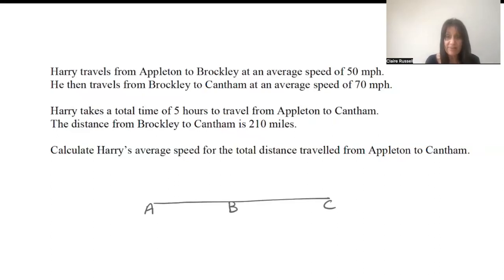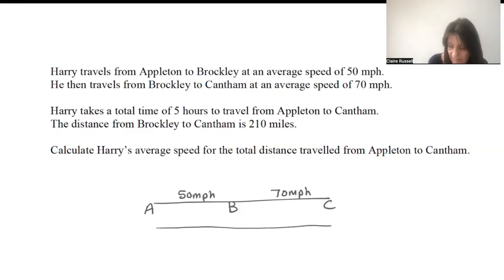So I know that A to B has a speed of 50 miles per hour. B to C is 70 miles per hour. He takes a total time of 5 hours to travel the whole distance. So I could show that maybe by doing something like this. Okay.